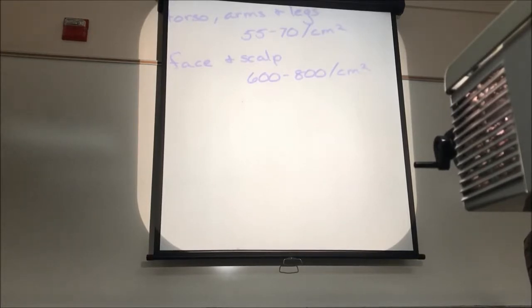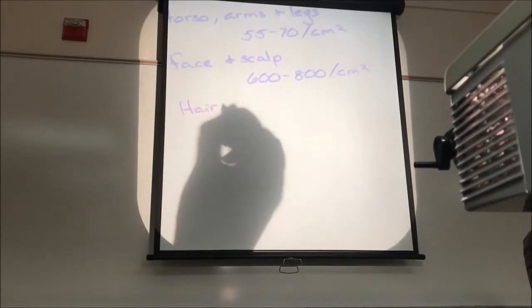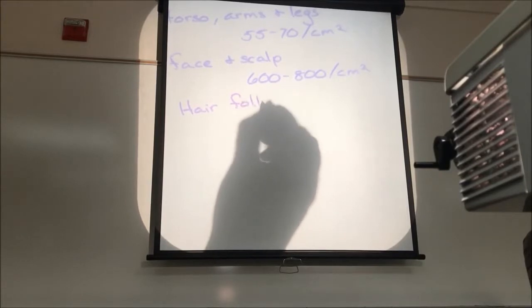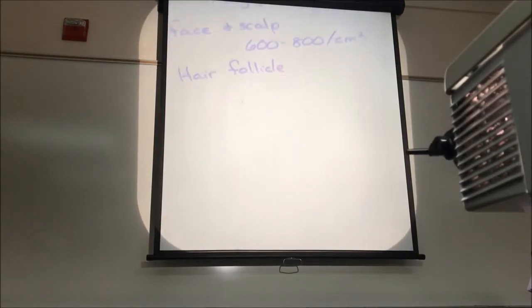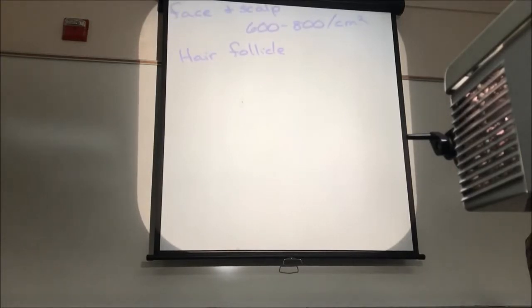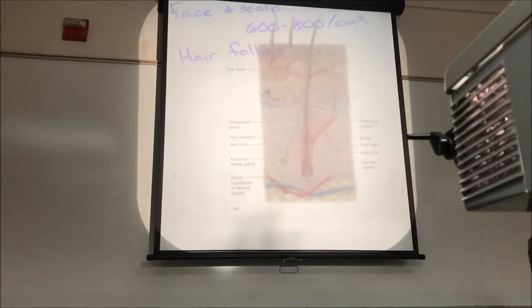Now, the hair is produced in a structure called a hair follicle. And your textbook has very detailed illustrations of the anatomical structure of a hair follicle, but the only one I got as a transparency was this one, which is at pretty low magnification.